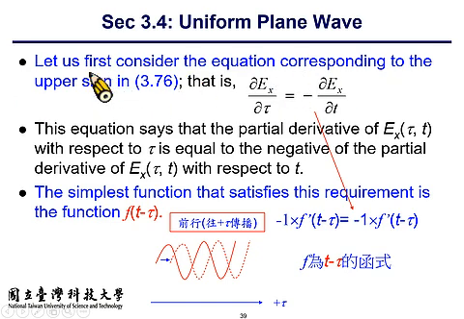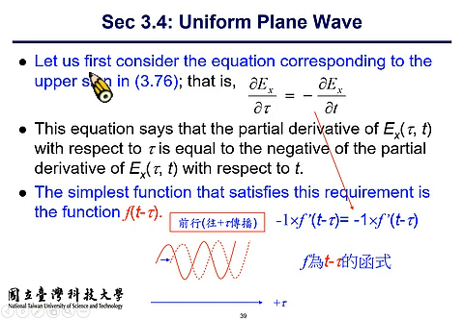Well, this is an important part. The likely solution for this equation is any function that contains a variable in the form of t minus tau. So the function is referred to as function f, and the variable in this function should be t minus tau.